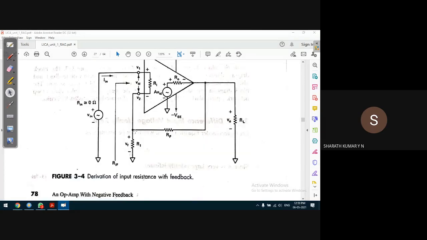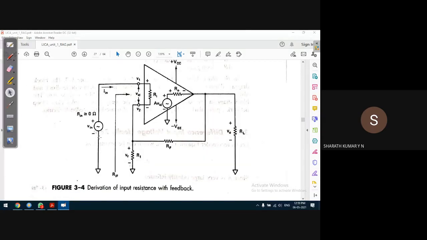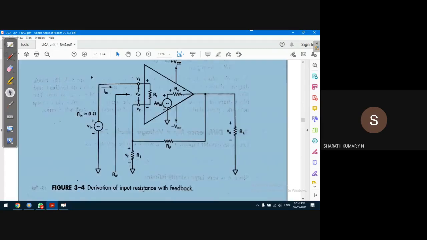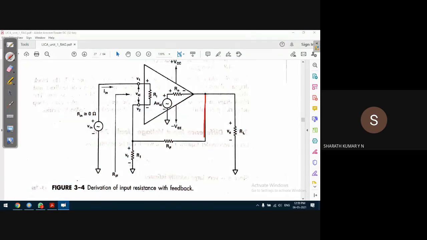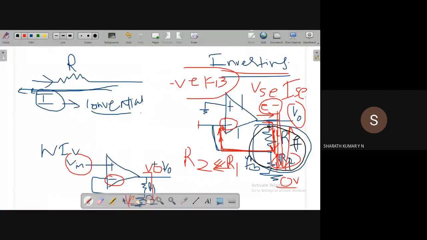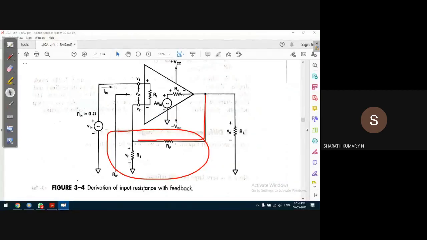For this, we can consider this diagram. Guys, observe here. Sorry, we need to select the pen. If you consider this network, it is the same as an amplifier drawn like this: op amp with plus and minus, this is RF and this is R1.